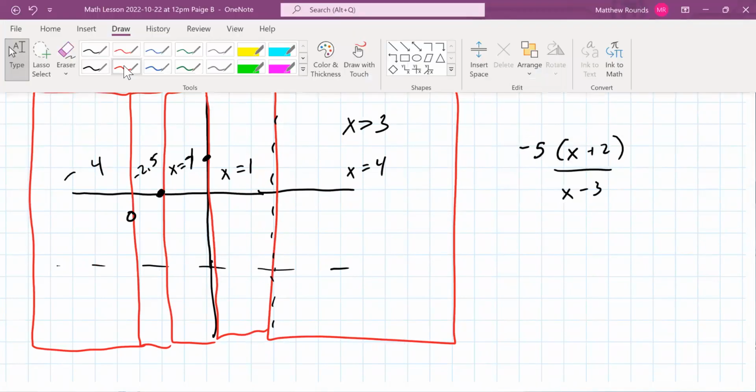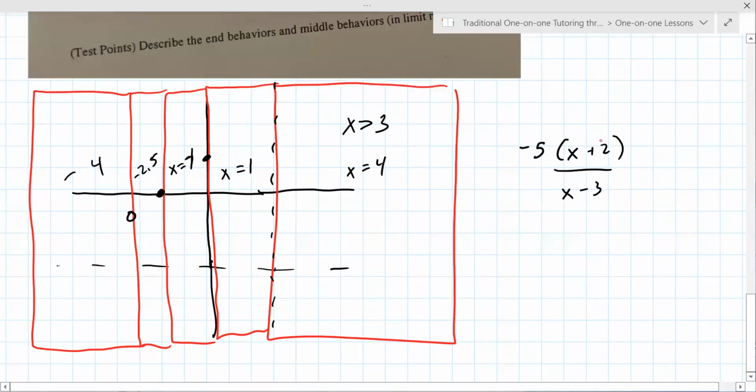When you take this number like 4, 4 plus 2 is positive, 4 minus 3 is positive. So it's a negative times a positive over a positive, which produces a negative. And what that tells you is, oh, it's down below here.